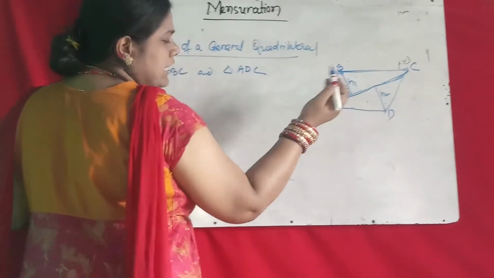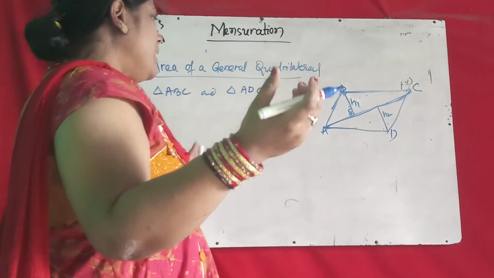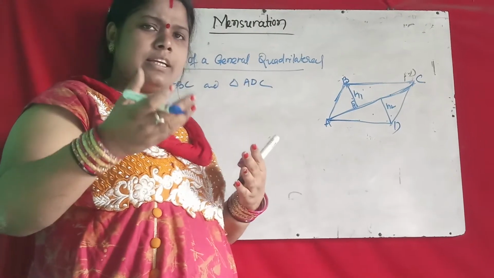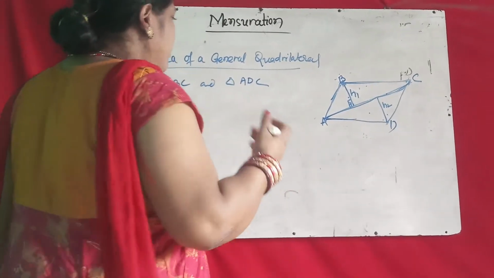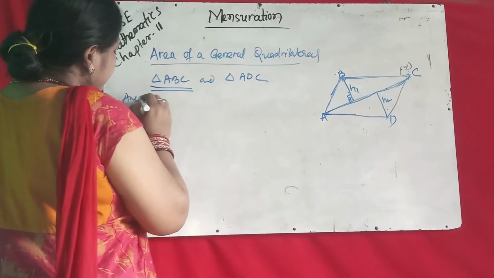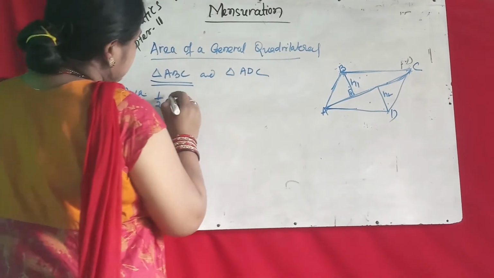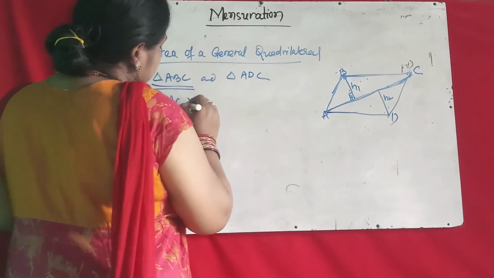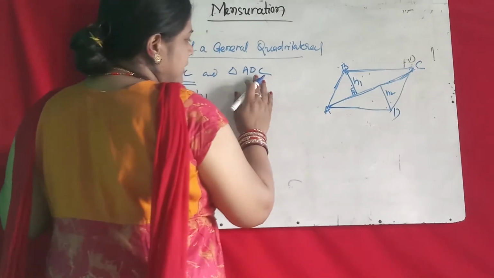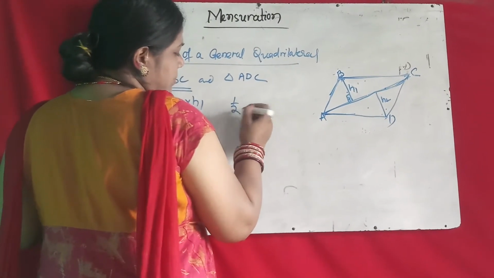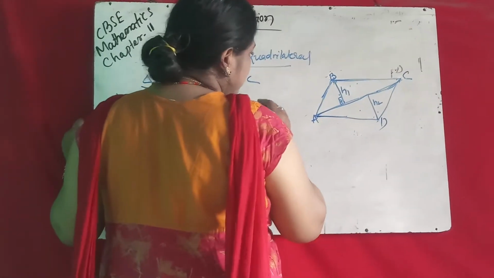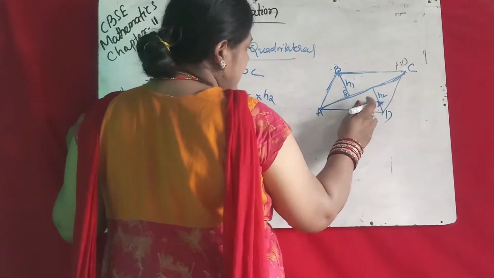As I said, every formula can be found from the area of a triangle, rectangle or square. First, the area of triangle ABC is half base AC into H1. Then the area of ADC is half, same base AC, into H2, height 2.